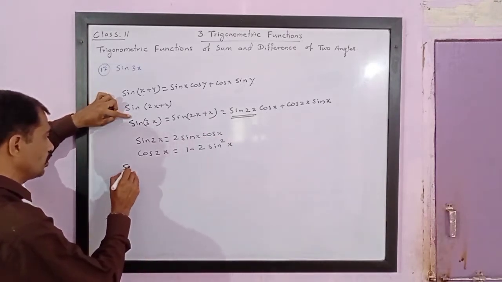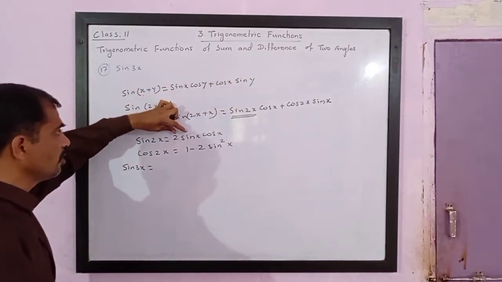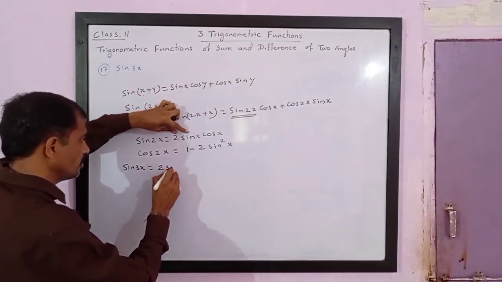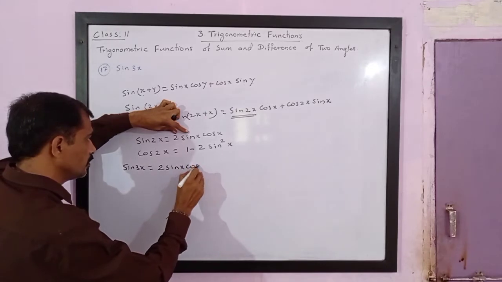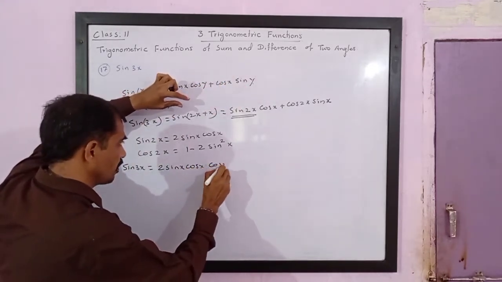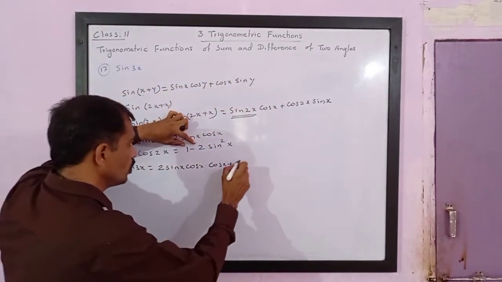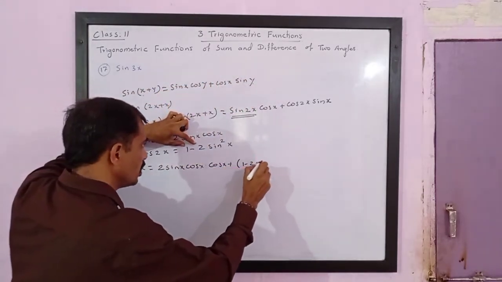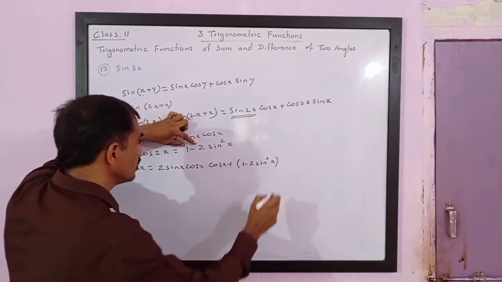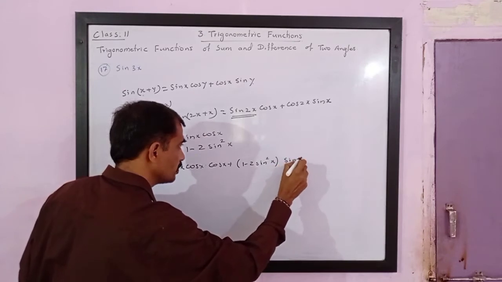Sine 3x is equal to sine 2x, which is 2 sin x cos x, into cos x as it is, plus cos of 2x, which is 1 minus 2 sin square x, into sin x.